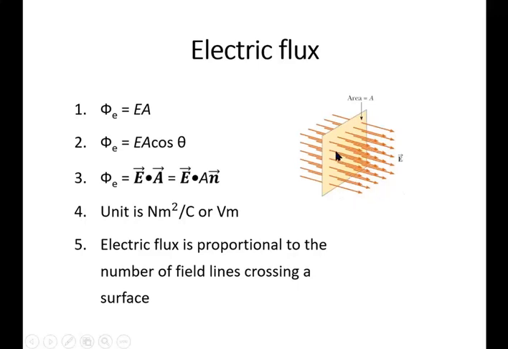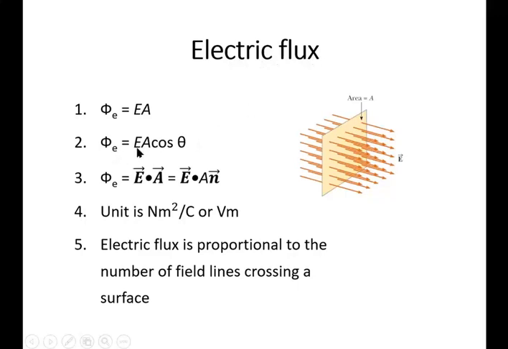In several situations, the field will not be perpendicular to the area. It is possible this surface area will be slanted, or inclined to the direction of the field. If that happens, then we need to modify the formula for calculating the electric flux.